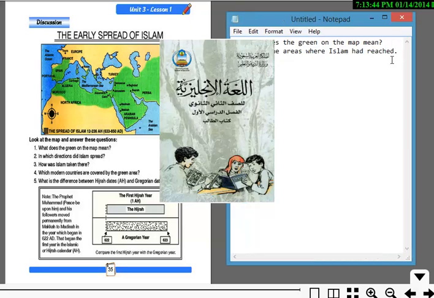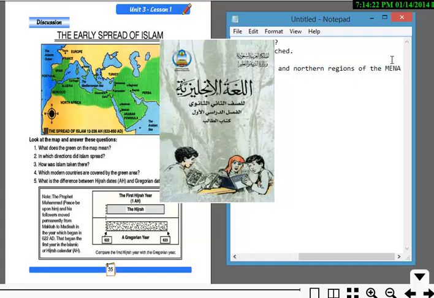In which directions did Islam spread? Well, Islam spread. Am I hearing any answers here? No. Okay, actually, we can say it spread into all directions. So it spread towards the east, west, and northern regions of MENA.